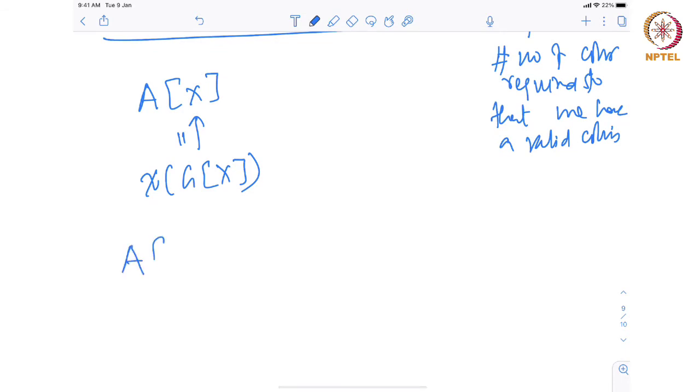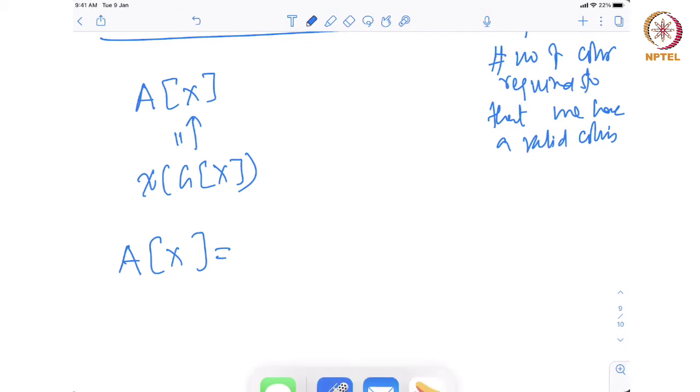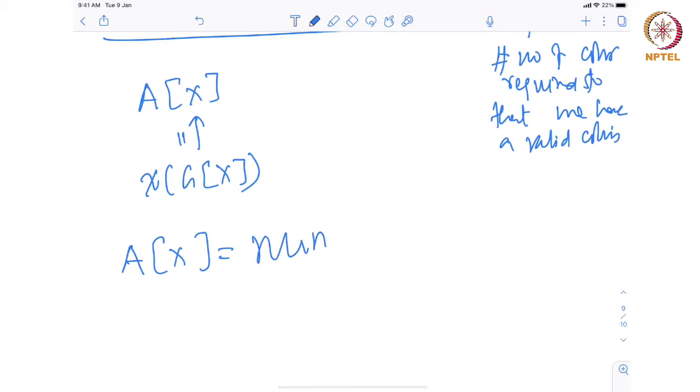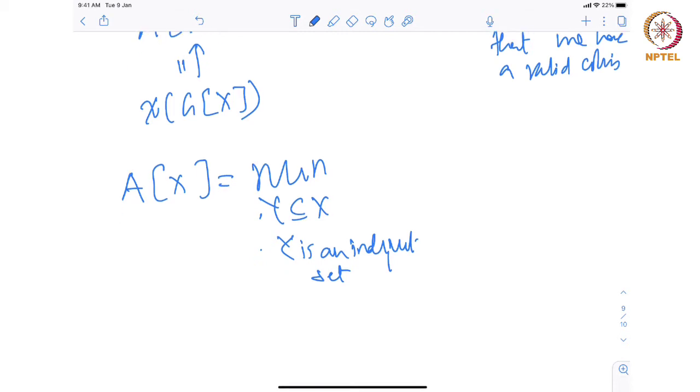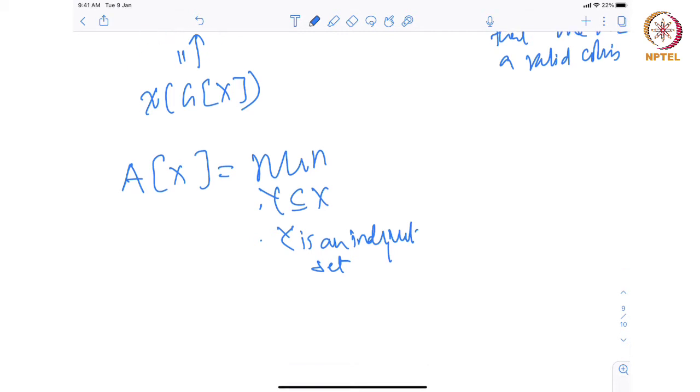So I'm going to say look at A of x, and guess the first independent set. So this is going to be the minimum over y subset of x, where y is an independent set and y is not equal to phi.